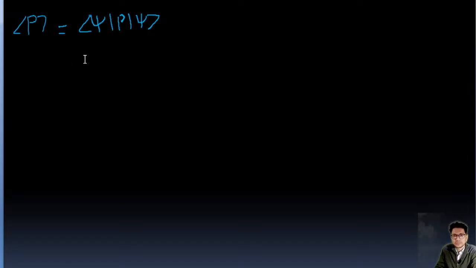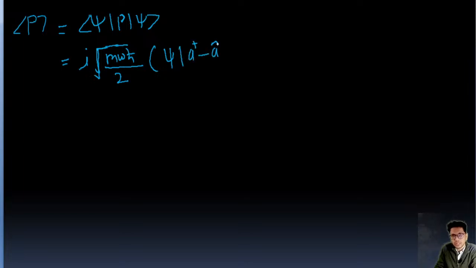This is a normalized function actually. So this is the p, and we'll put the value of p, which is iota root (m omega h cut upon 2) <psi| (a dagger minus a) |psi>.